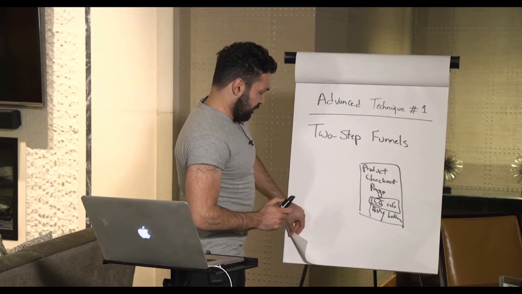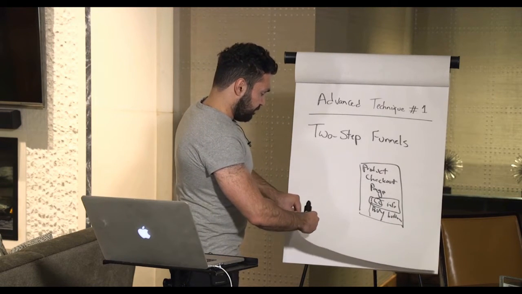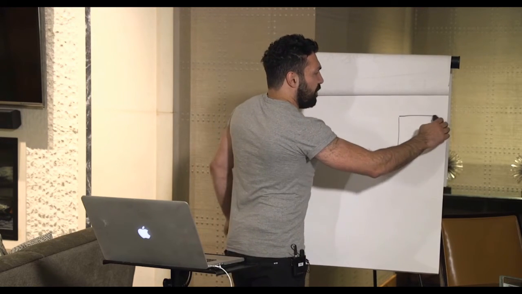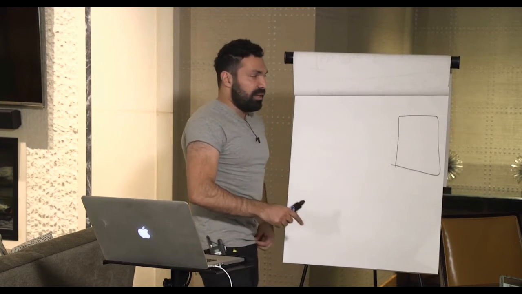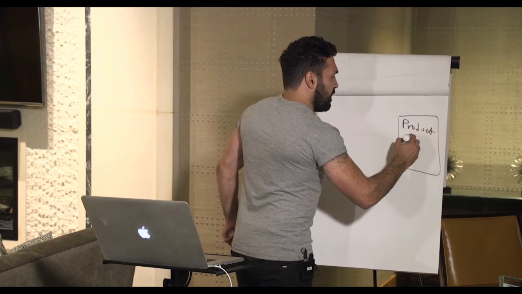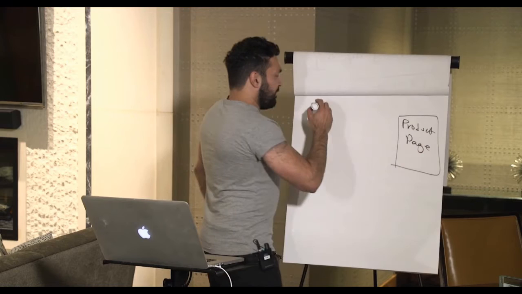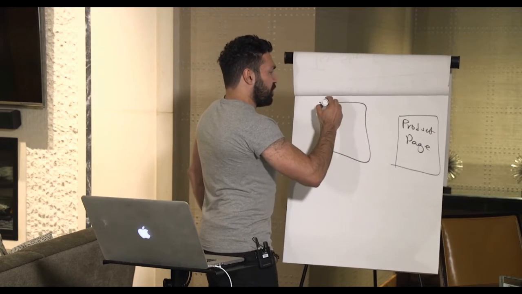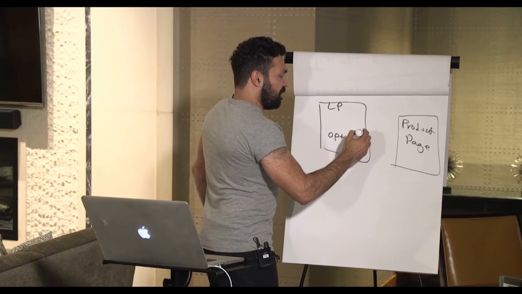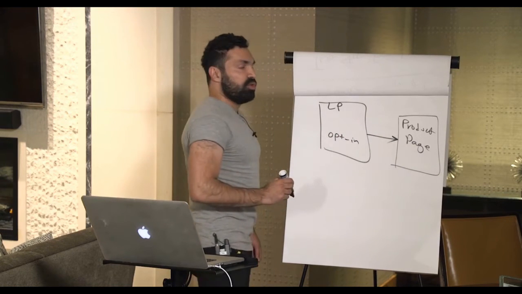Two-step funnels, I'm going to switch the pages a little bit, is a simple thing. You say, okay, I'm going to improve on the normal, simple e-commerce website by adding, this is the product page, a landing page with an opt-in at the bottom of the page that then goes to the product page.